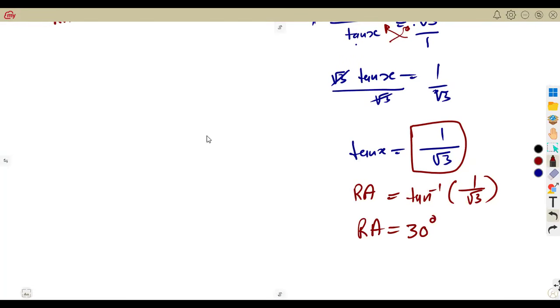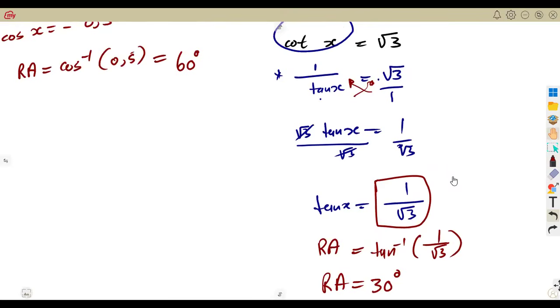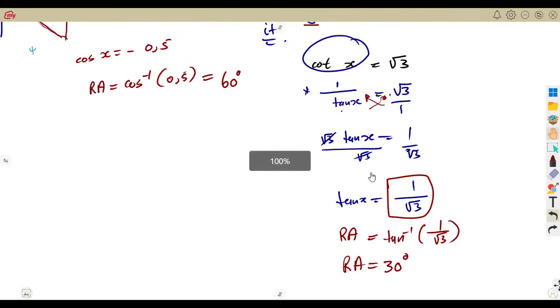So someone is asking, why are we considering this reference angle? Why are you talking of the reference angle? Why are you talking of the positive angle? And also, where the negative angles are, why are we ignoring these negative signs?